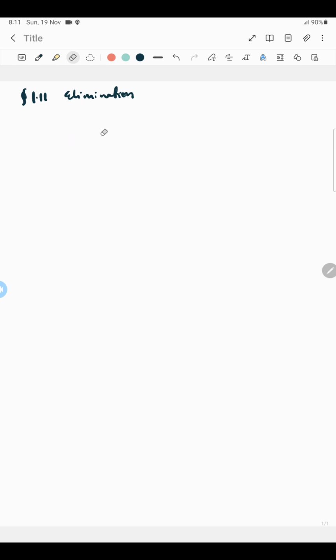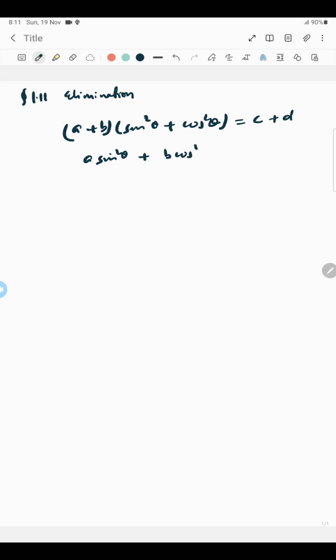So what I have in mind is, suppose a plus b sine square theta plus cos square theta is equal to c. A sine square theta plus b cos square theta and b sine square theta.